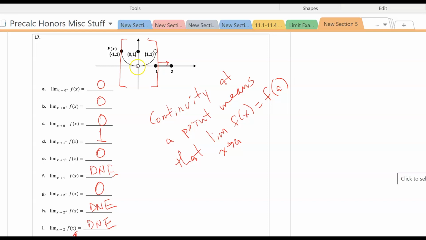So the limit as we approach 0 is 0. That's these two up here, or part C. But the value of the function at 0 is 1.